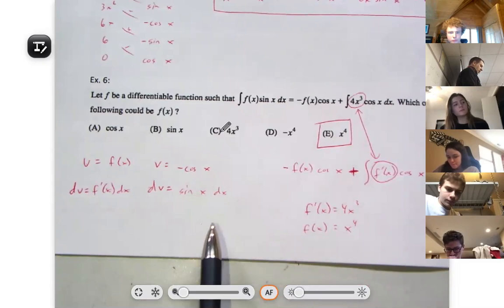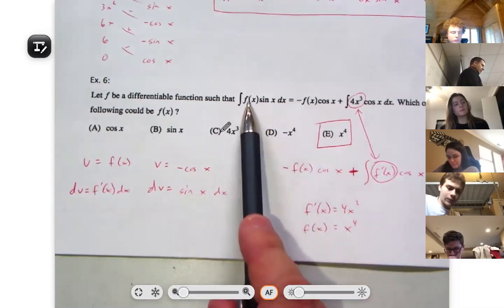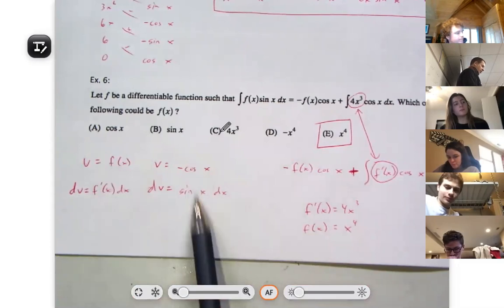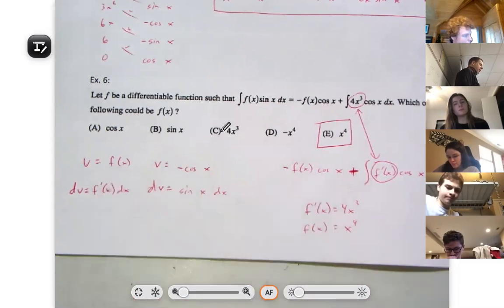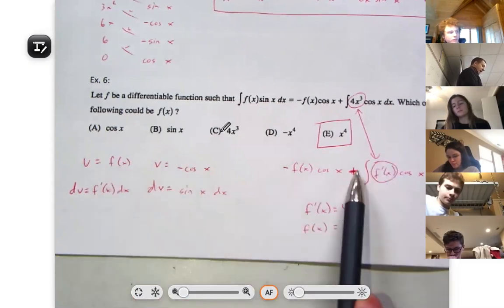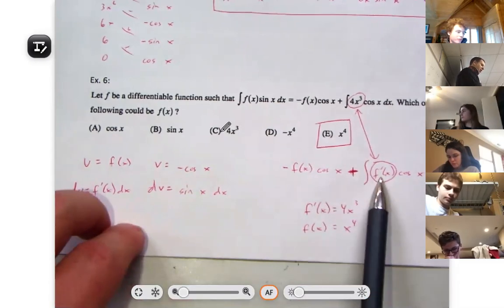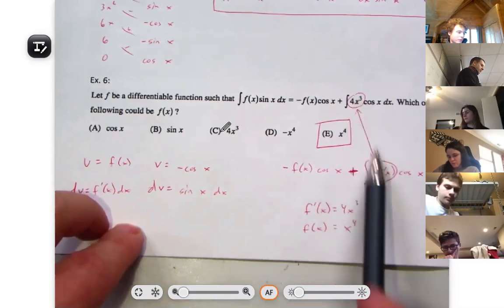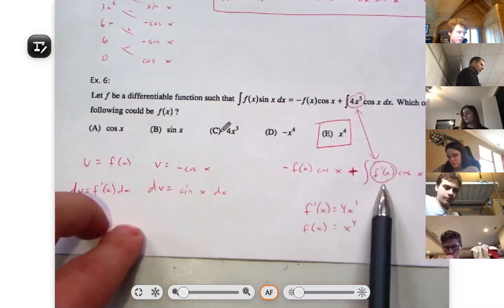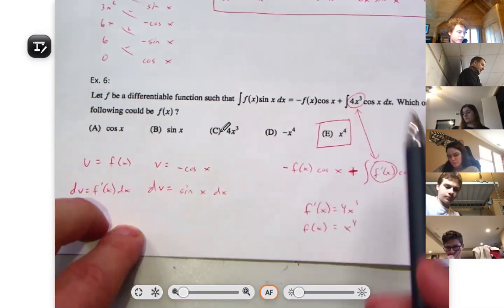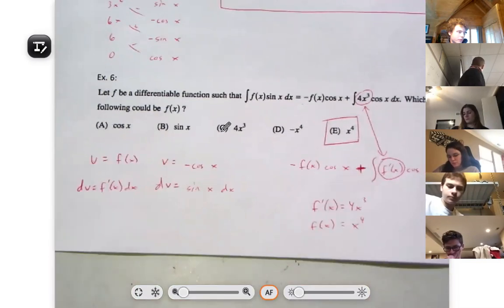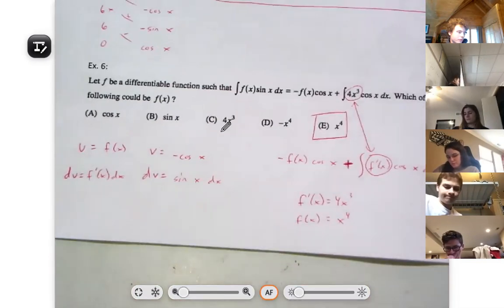That gave me U to be f of x. So I went through the ultraviolet voodoo part here, and that is going to flip to your plus sign. Really you're just correlating f prime with 4x cubed. If f prime is 4x cubed, then what was f? That was x to the fourth. So just kind of a creative way.